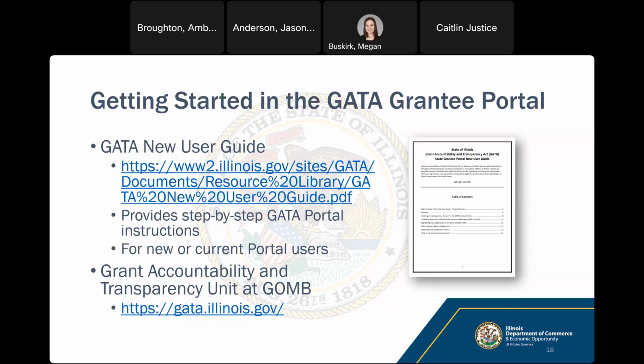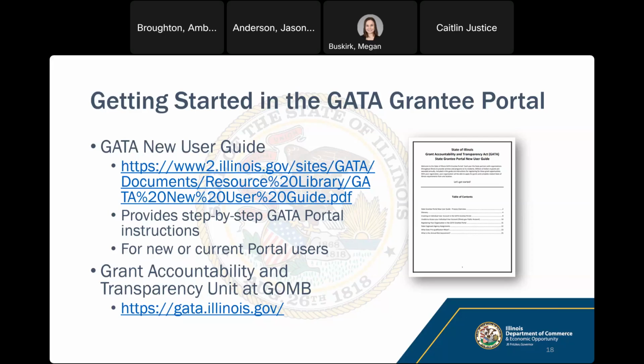The GATA New User Guide is a PDF that contains step-by-step instructions for registering in the portal, as well as answering some common questions. So we have a link to that PDF in the chat. This guide can also be helpful not only for new users, but to current portal users as well, or maybe if you have new staff that will be working in the portal, this is a good PDF to bookmark.